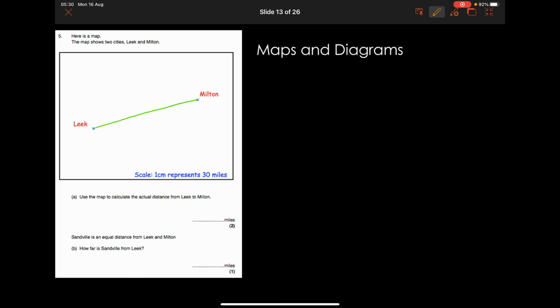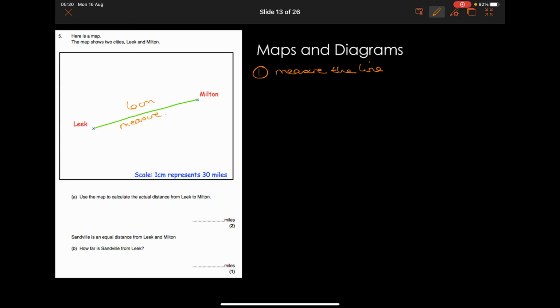You would get your ruler out, draw that line, and then measure it using your ruler. So number 1, measure the line. For this example, I'm going to say that it's 6 centimetres long.